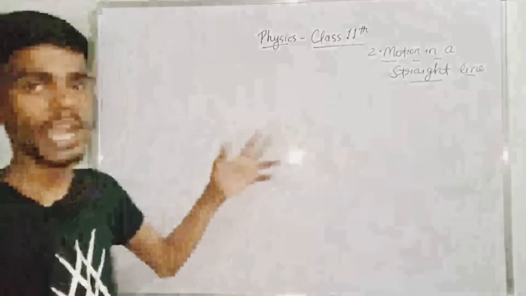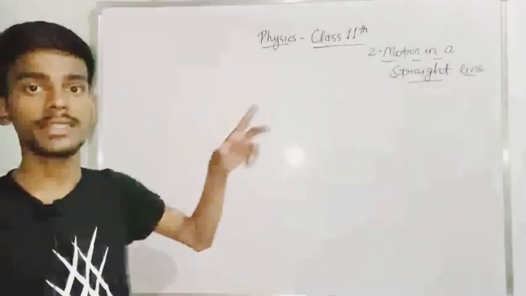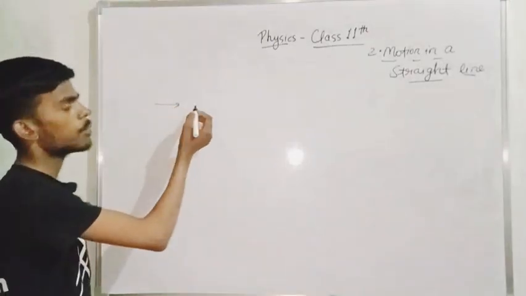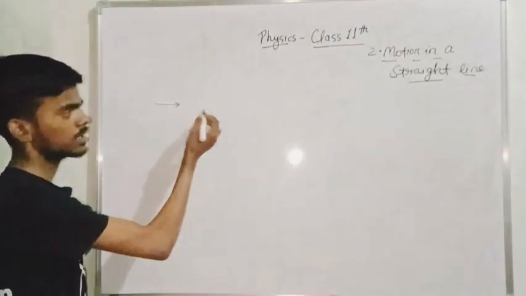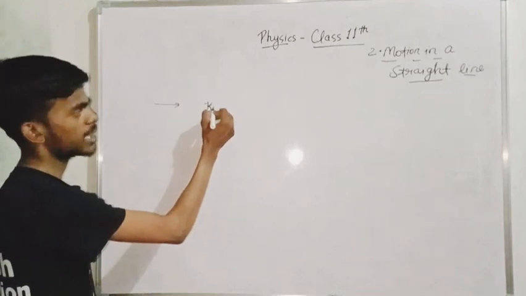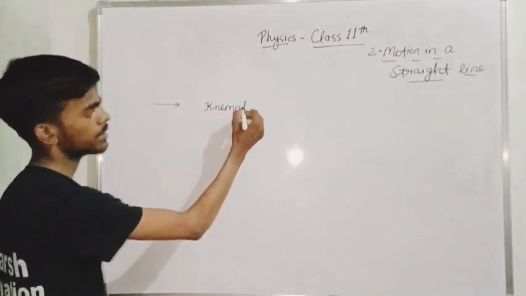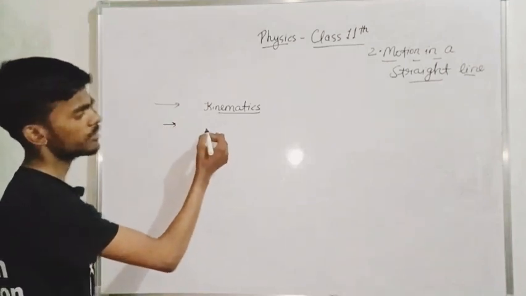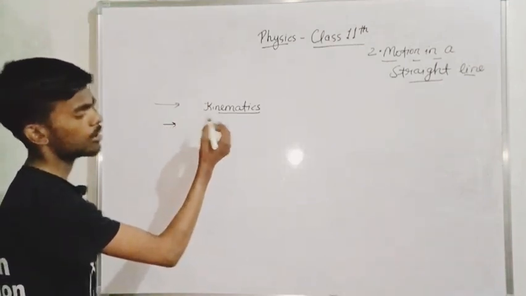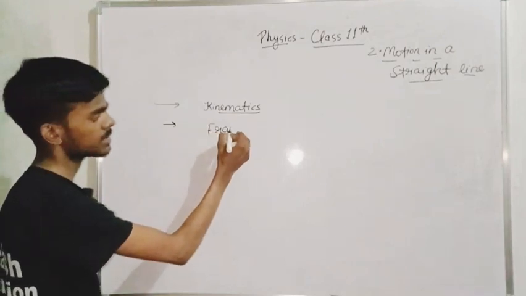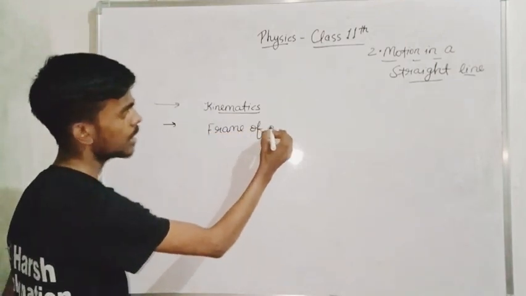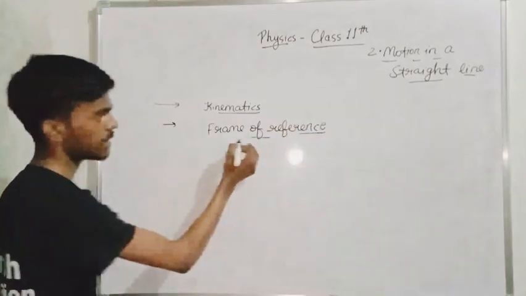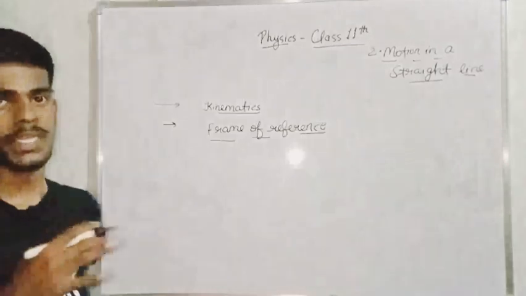Previously I had already uploaded one video related to motion in a straight line, in which I described the basic headings, like kinematics, as well as the frame of reference. What was the frame of reference, why it is used for a motion, and how it is used. I had already explained it in the previous video.